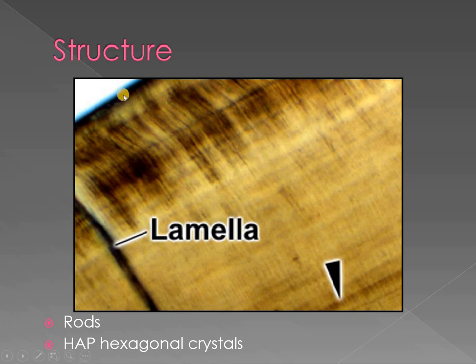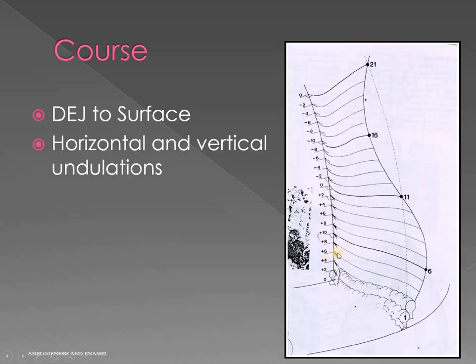As you can see, from the surface of enamel down to the dentinoenamel junction, you have rods that are traversing. These rods are formed by the hexagonal hydroxyapatite crystals. These rods are aligned one above the other. And the unique feature about these enamel rods is that they do not follow the same line.